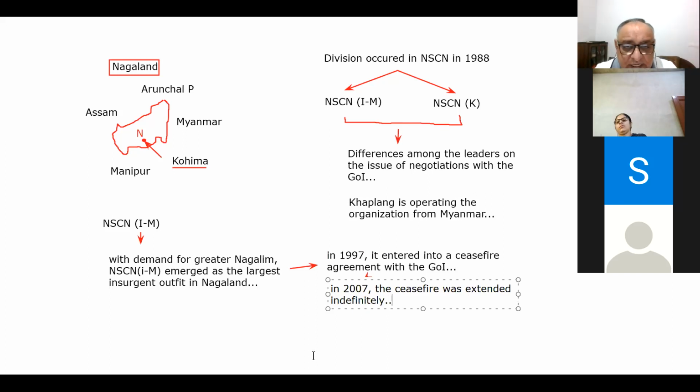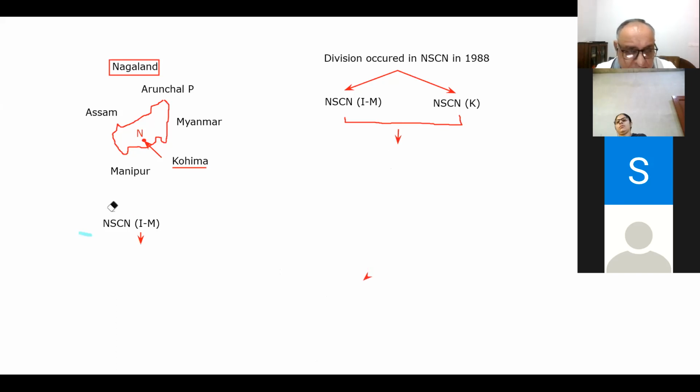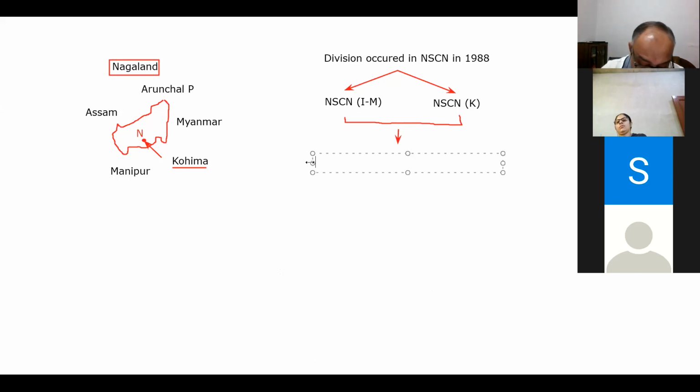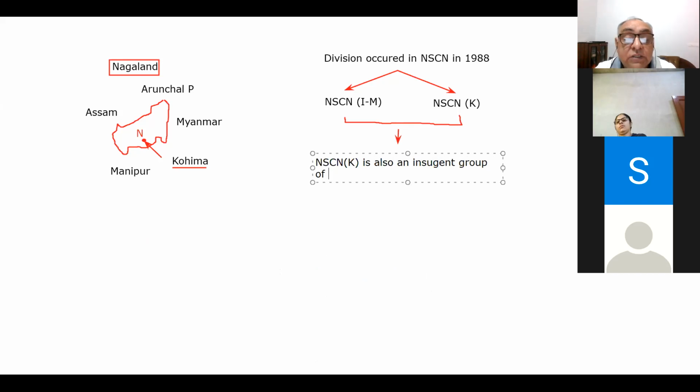And as far as the Kaplan group is concerned, the Kaplan group means NSCN-K, right? This is also an insurgent group of Nagas.